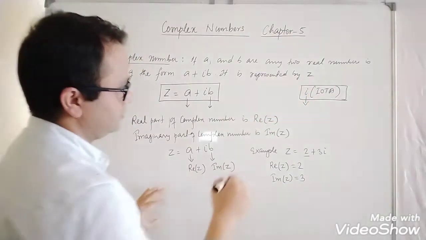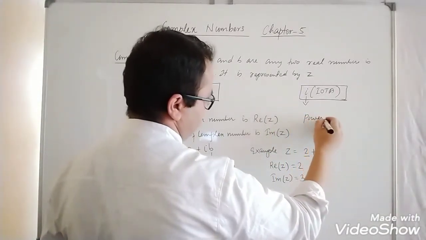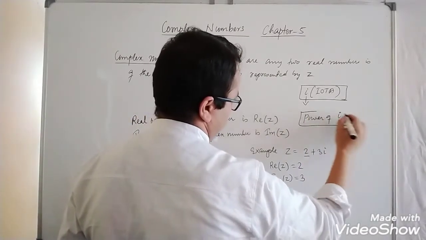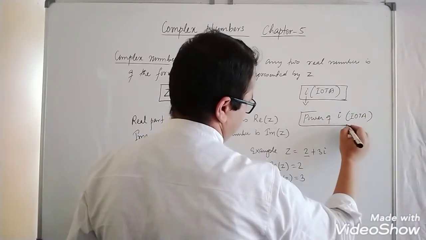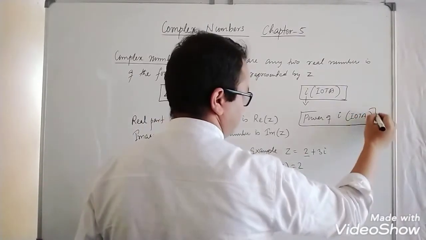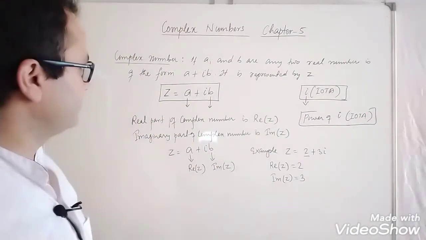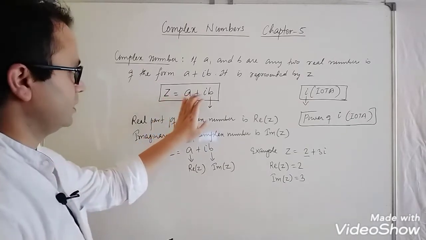Now first we are going to learn about the power of i, or power of iota. The complex number is in the form z equals a plus ib.